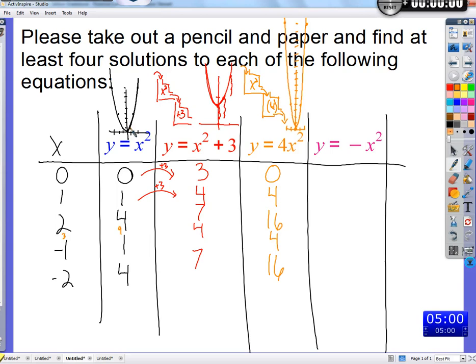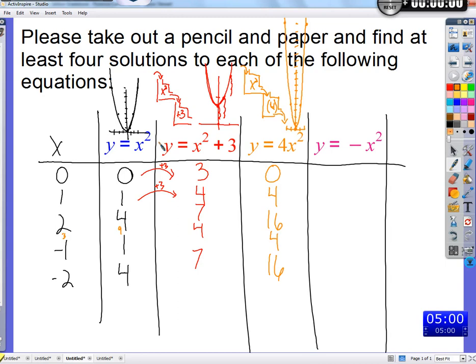Negative. Maybe negative. I'm not sure, does it flip it? Okay, so that's an idea too, right? If we multiply by negatives, then we're going to make positives into negatives. So that might be true. So maybe negatives just flip it.